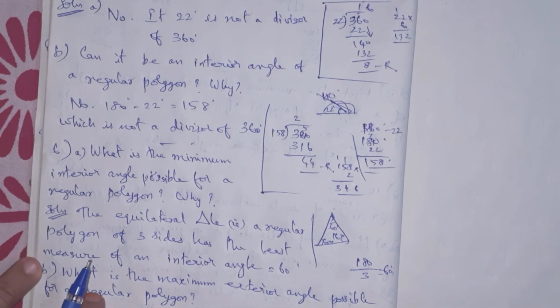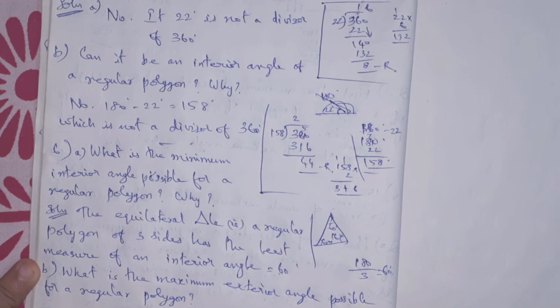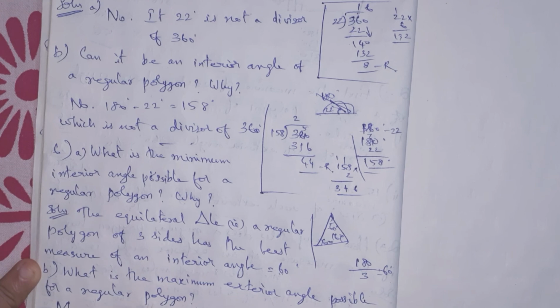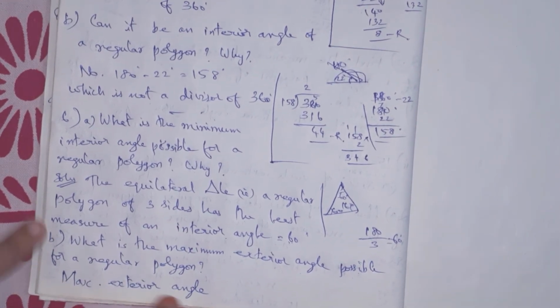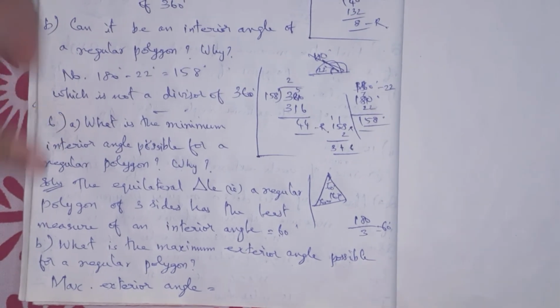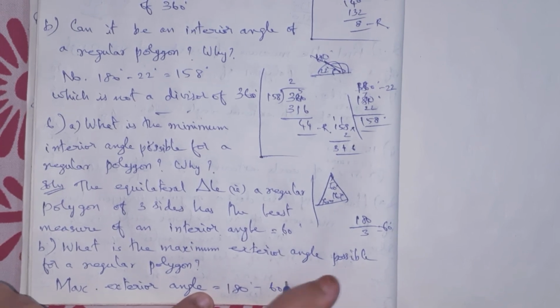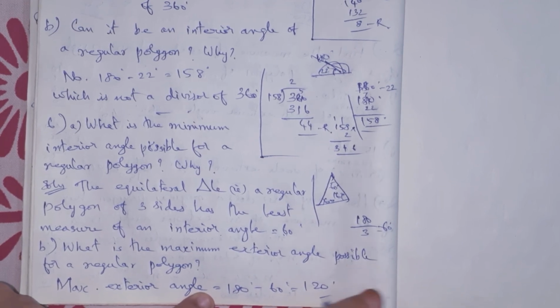From A itself we know that the least interior angle is 60 degrees. Then the maximum exterior angle is for the equilateral triangle: 180 minus 60 degrees equals 120 degrees. This is the answer.